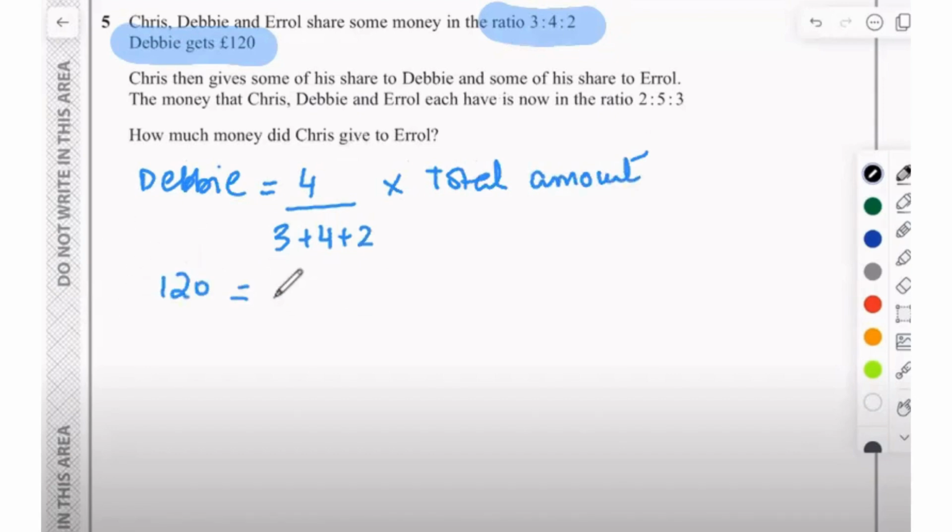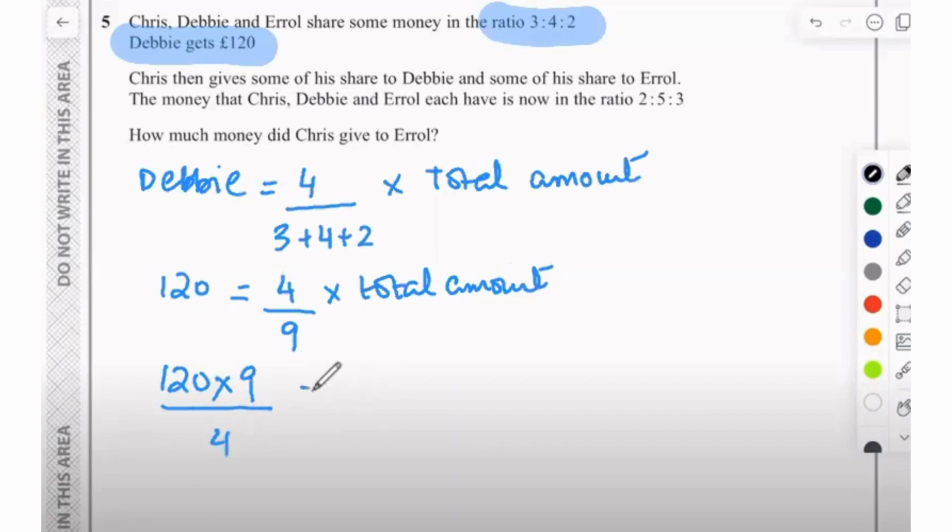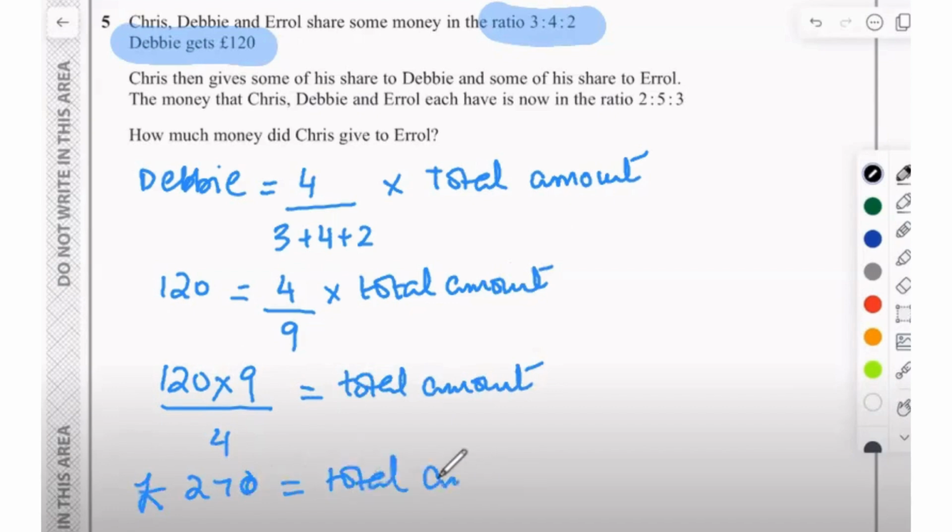So 120 equals 4 over 9 times the total amount. So 120 times 9 over 4, and that will give us 270 pounds. That is the total amount.